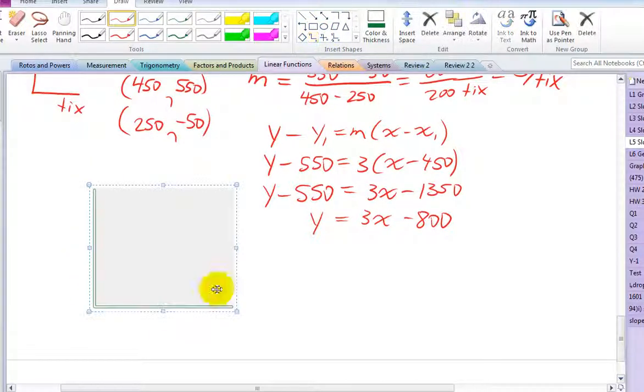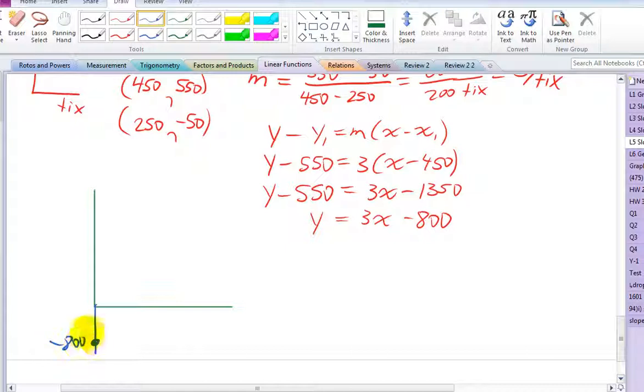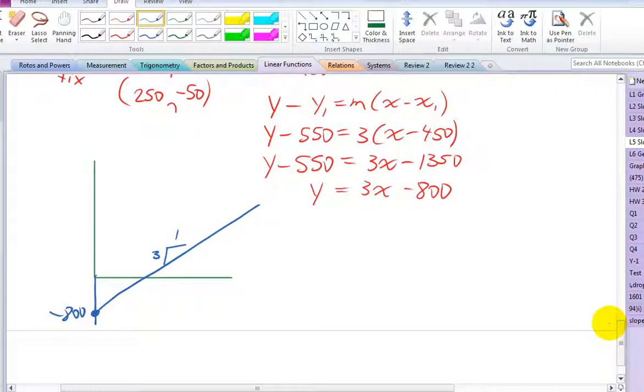Now if you graph this, it looks like you start here at negative 800, and then you go up by a slope of 3 over 1. Question for you. Yep, what's up?